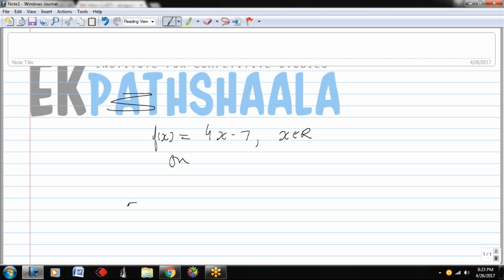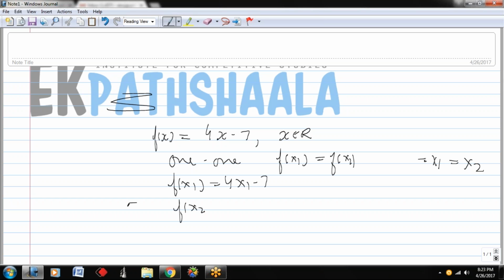सबसे पहले we'll prove it 1 1. 1 1 कैसे prove करते थे? If f of x1 is equals to f of x2, this should give me x1 equals to x2. So let us find f of x1. That would be 4x1 minus 7. What will be f of x2? 4x2 minus 7. So 4x1 minus 7 is equals to 4x2 minus 7. 7 gets cancelled with 7.